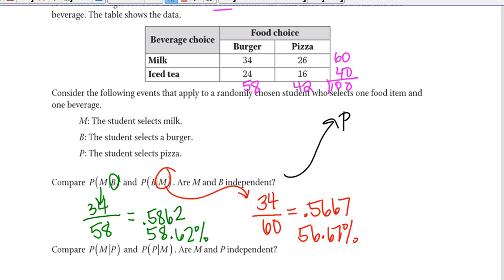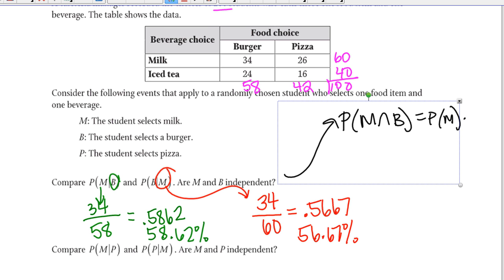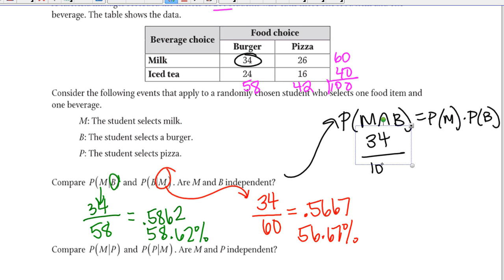So the probability of milk and a burger is the probability of milk times the probability of a burger. So milk and a burger is these 34 out of the total 100. The probability of just milk is 60 out of 100. And the probability of just a burger is 58 out of 100.